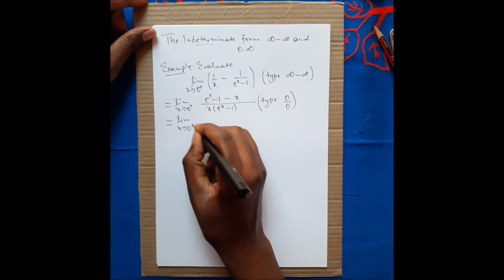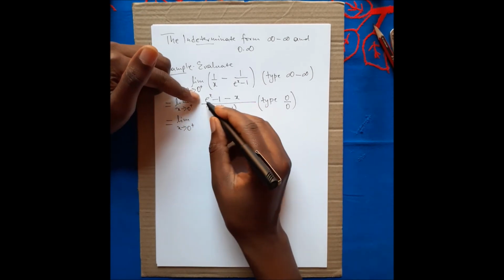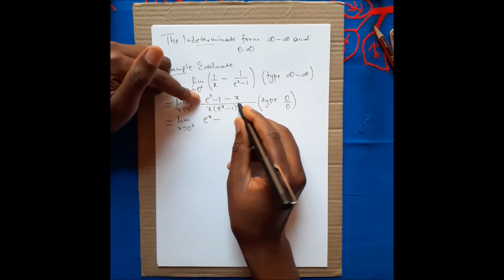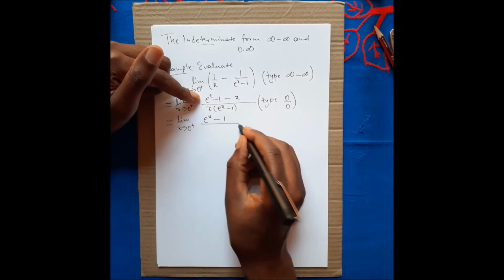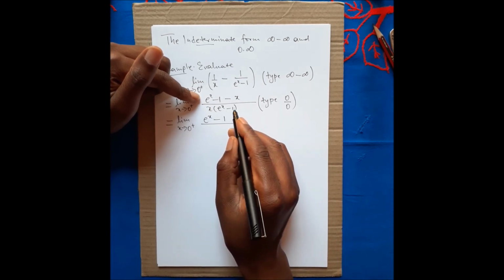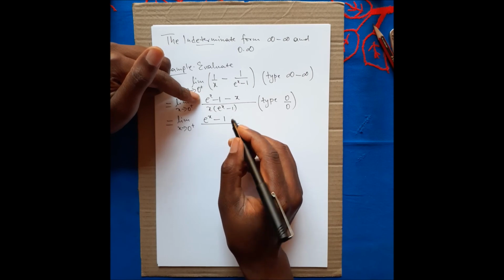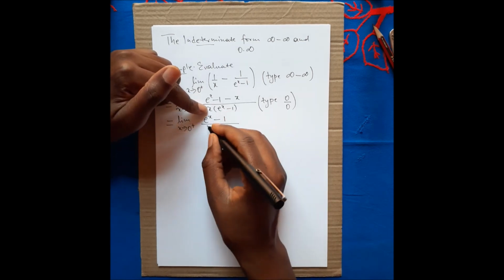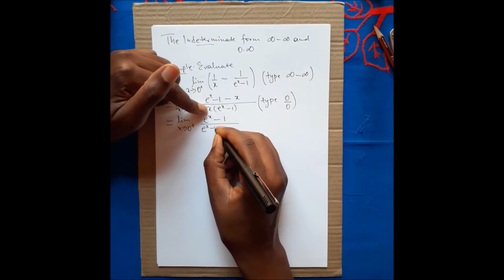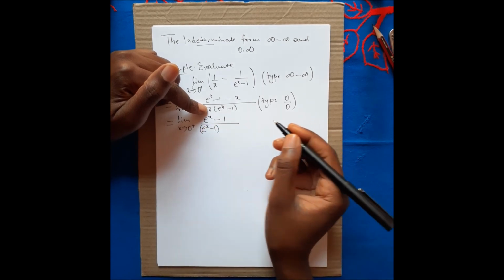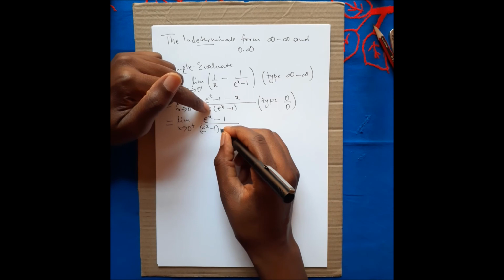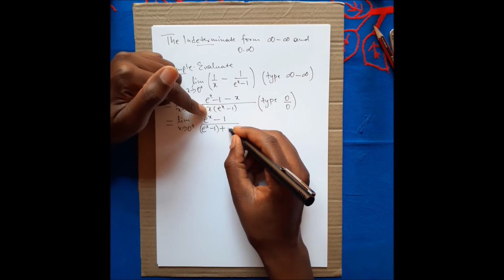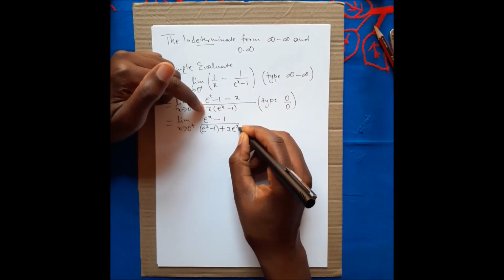Applying L'Hopital's rule, the limit as x approaches 0 from the right: we differentiate the numerator and get e to the power of x, the derivative of 1 is 0, and the derivative of x is 1. Then we differentiate our denominator, which is a product. The derivative of x is 1, so we write e to the power of x minus 1 in brackets, plus the derivative of e to the power of x minus 1 multiplied by x, which is simply x e to the power of x.